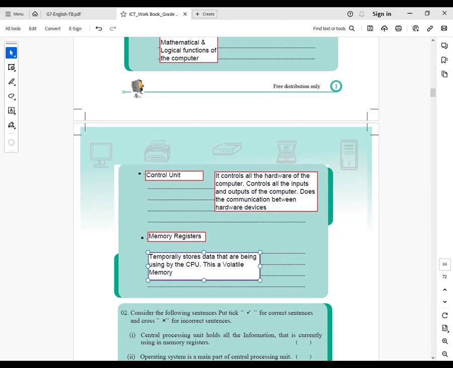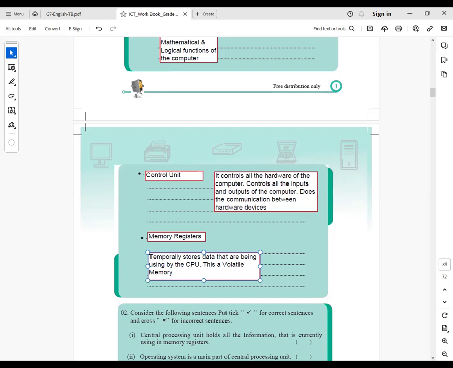The data in the memory registers is stored only until the power is on. That's why we call it temporarily holding data. So we call it a volatile memory. Volatile means when the power is off, the data in the device is deleted.